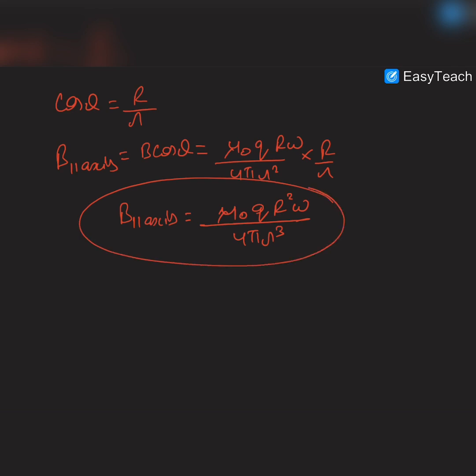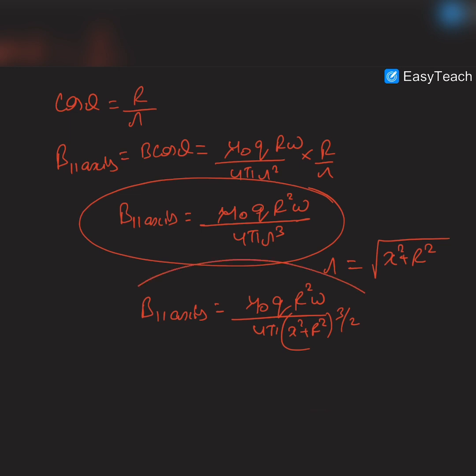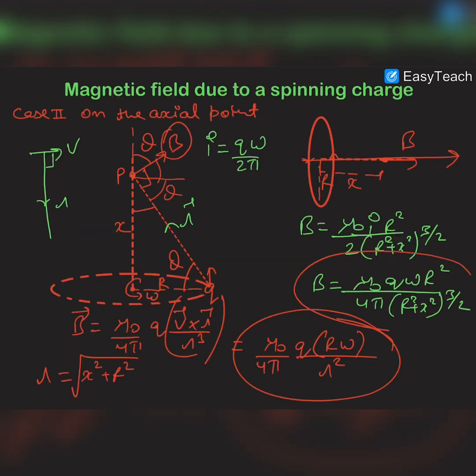So in this result, we can say that r is under root of x square plus R square. If we substitute the value, then B parallel to axis will be mu naught q R square omega by 4 pi times x square plus R square to the power 3 by 2. So this result is exactly same as this result.